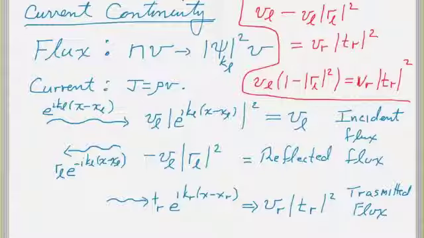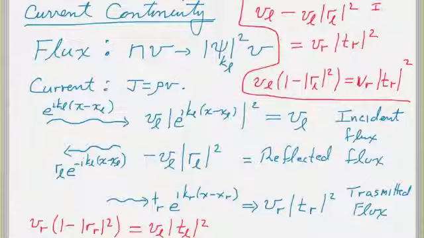I'm going to have VR times 1 minus R sub R squared. It's got to equal what comes out on the left side, VL times TL squared. So this is when I inject from the left, and this is when I inject from the right.